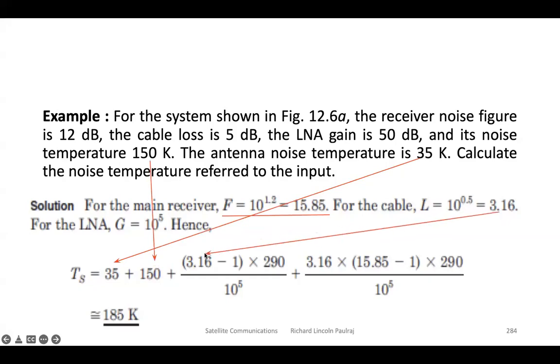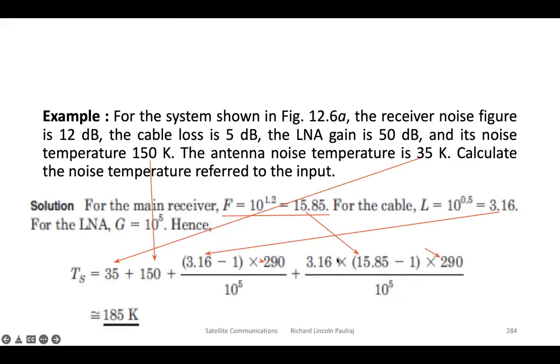Then L minus 1, and remember I had told you we are going to use the standard value of 290 for temperature, and similarly 3.16, then 15.85, the noise factor, F minus 1, and then T, which is 290. The same T here we are going to use. So approximately, we're going to get the value of 185 Kelvin. How do you solve this problem? First, you can take this as an inverse, and then multiply it with 290.